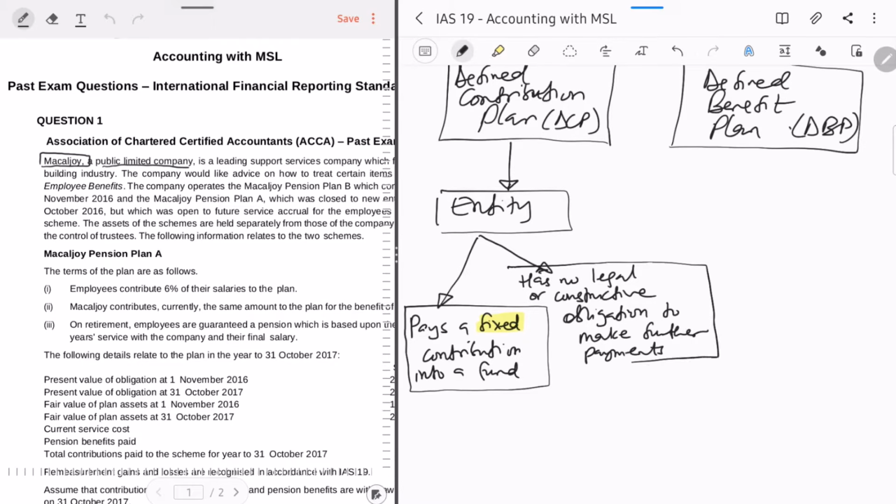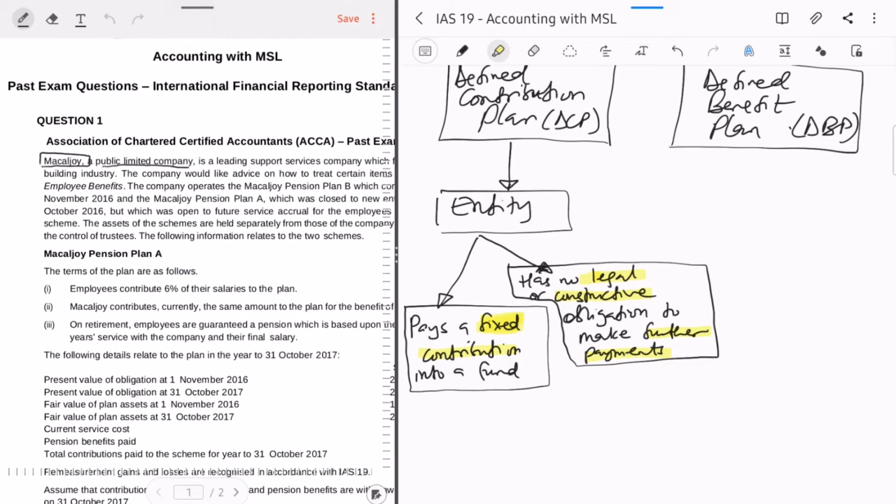So the first point is what? The entity pays a fixed contribution into the fund. Then the entity has no legal or constructive obligation to make any further payment if the plan does not have funds to make pension payments to the employee upon their retirement.